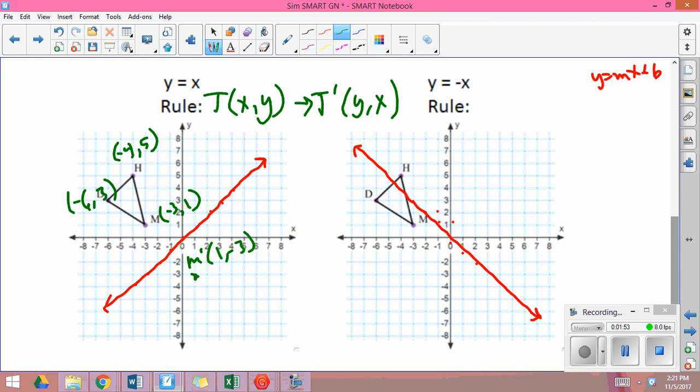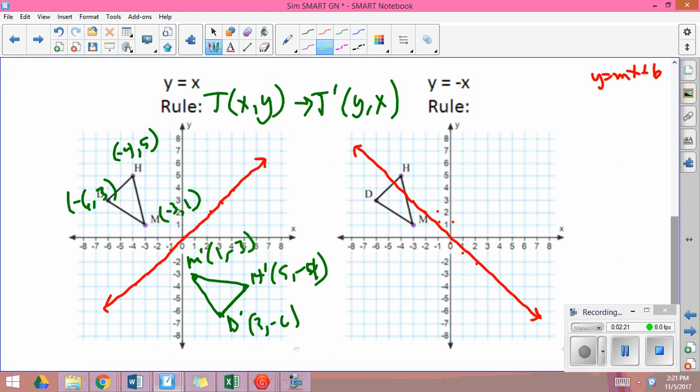H prime is going to be at 5, -4. And D prime is going to be at 3, -6. So same coordinates, just in the opposite order. And when you connect those dots, you can see I've got the exact same figure, just reflected across.